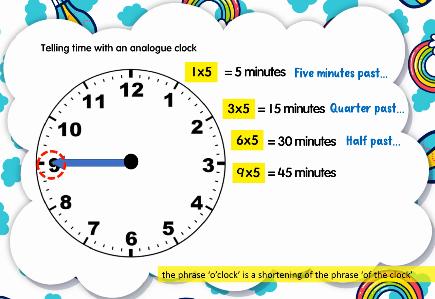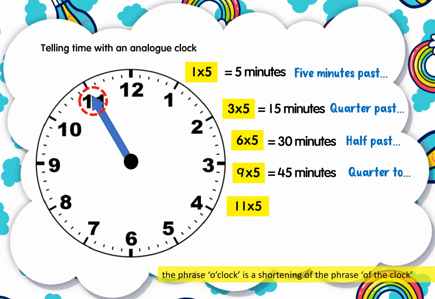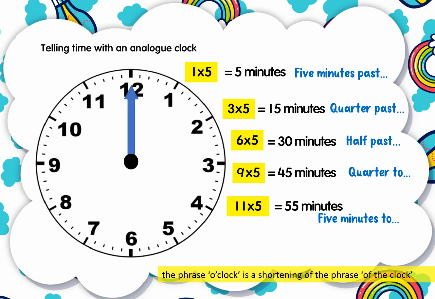When we say the time now, it is quarter to, because it is quarter to 12. When the minute hand points to 11, 11 times 5 equals 55 minutes, or we can say 5 minutes to the hour.